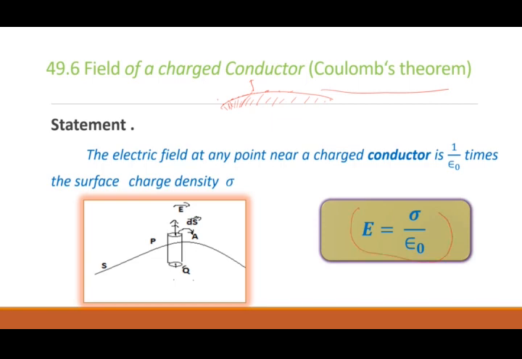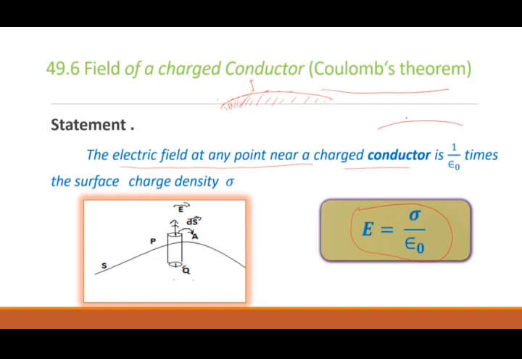It is nothing but given by electric field is equal to sigma divided by epsilon naught in case of a conductor. In case of a dielectric, the answer will be different, but now we will prove it for a conductor. The electric field at any point near a charged conductor, near, not very far away.